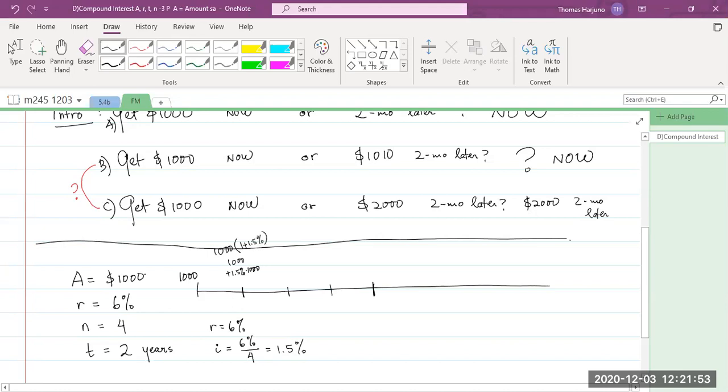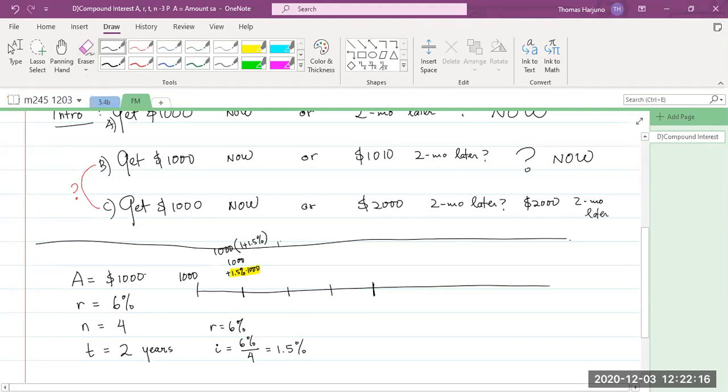Now, 3 months after that first period, your money will grow again. Grow by what? By 1.5%. Notice that the interest you got after the first period will earn interest again. So you have interest on top of interest. That's what we call compounding. So how much money will you have?